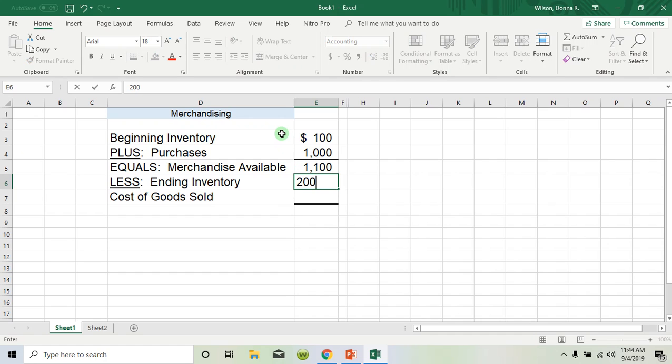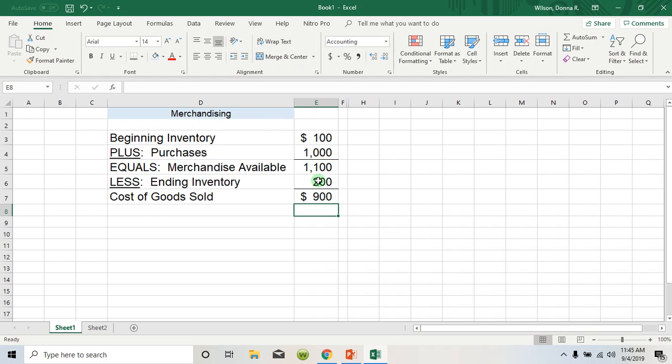I have $200 left on the sales floor of merchandise that I've purchased. So if I started with 100, purchased 1,000, I've only got 200 left. I had to have sold $900 worth of inventory. We're going to assume it was sold and not anything else.